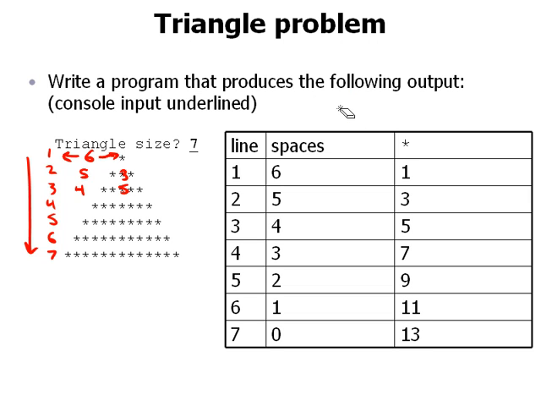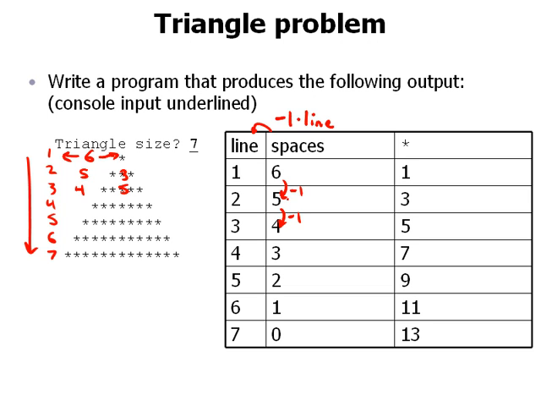And if you've watched the previous chapter's videos or read that chapter, you know that the trick here is to first look at the distance between these numbers, the difference between them. So going from 6 to 5 and 5 to 4, we're going down by 1 each time. So the expression that connects the spaces to the line number is going to start with -1 times the line.